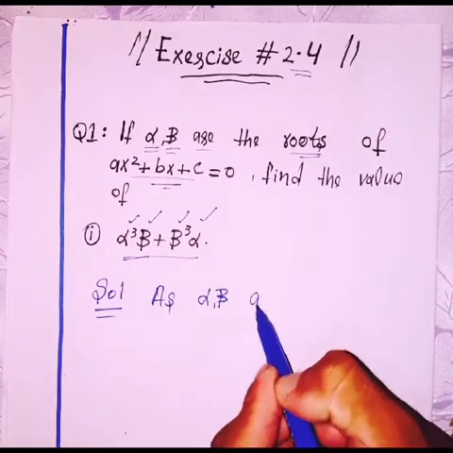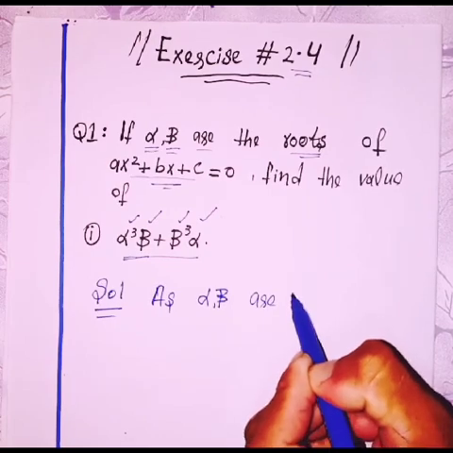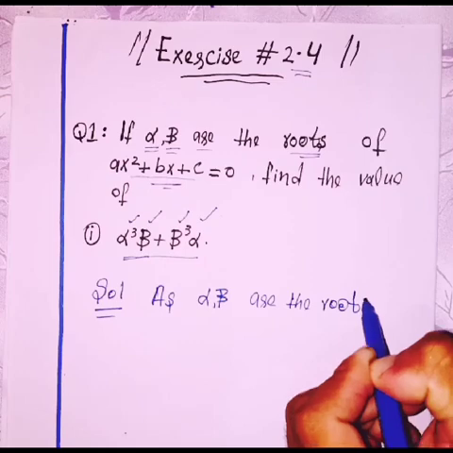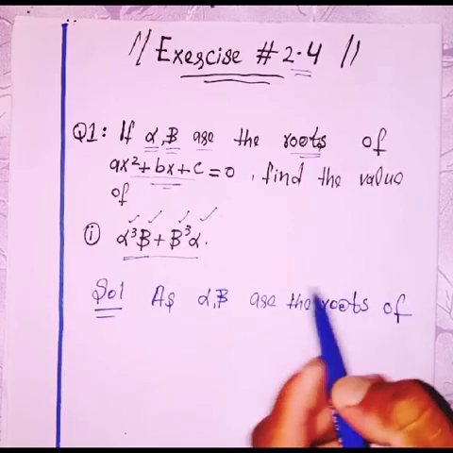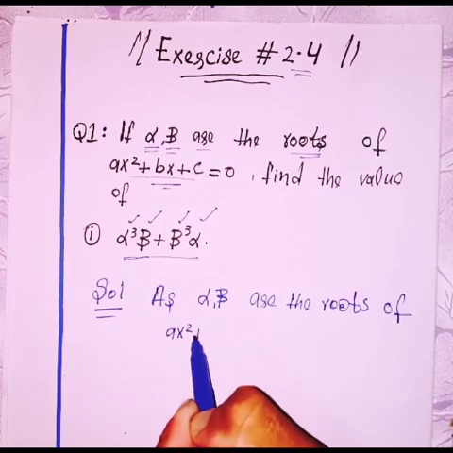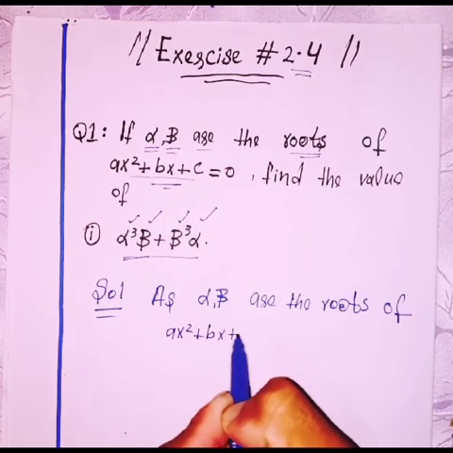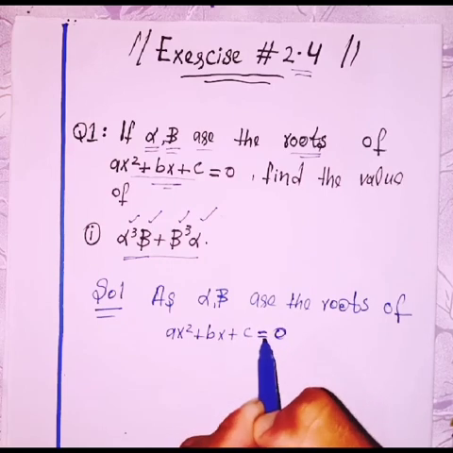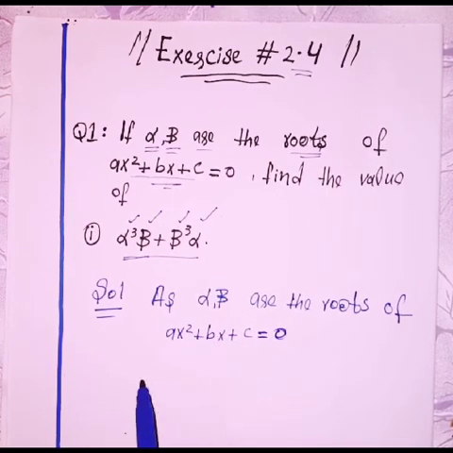Alpha and beta are the roots of the quadratic equation ax square plus bx plus c is equal to 0.